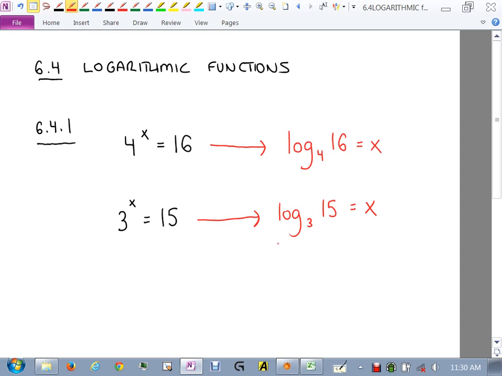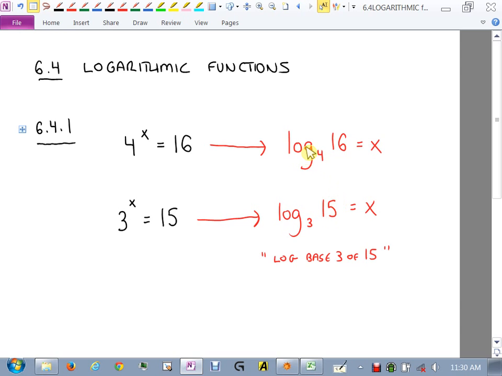How do you say it? You could say log base 3 of 15. What does log base 3 of 15 mean? It means 3 to what power is 15? Does anyone know 3 to what power is 15? No. No one here knows that.